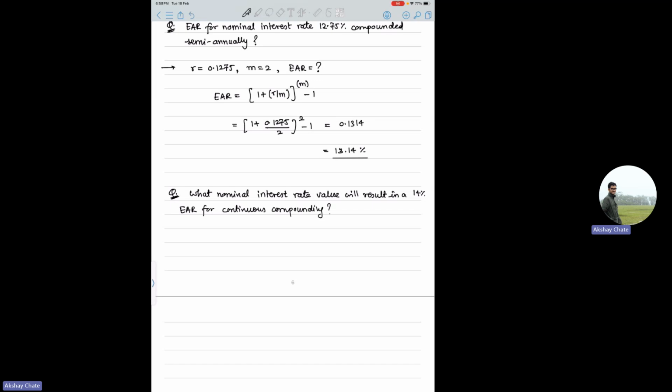Okay, so in this problem they have given you the EAR for continuous compounding as 14%, right? So you can write it as 0.14.